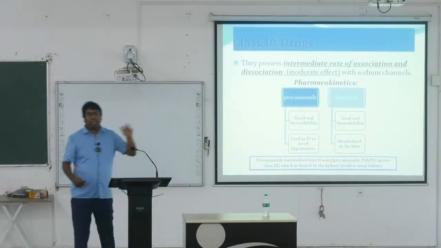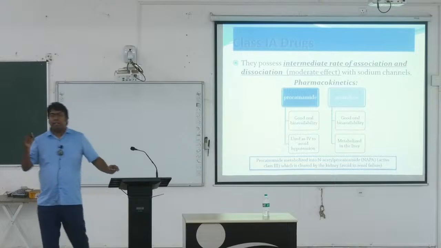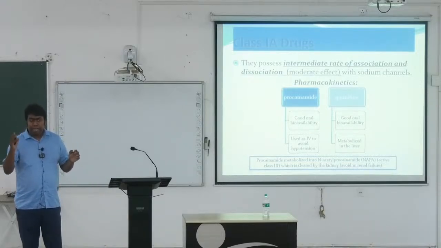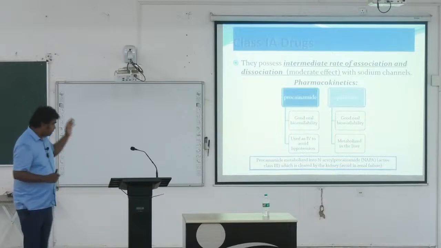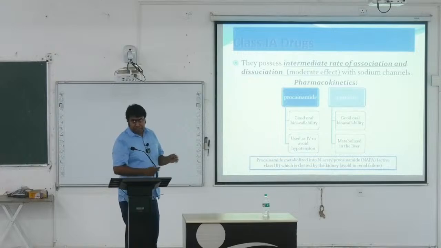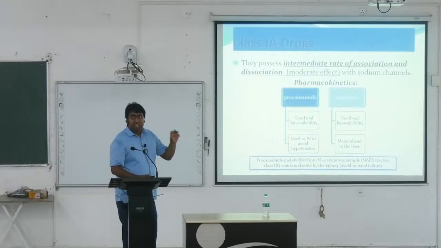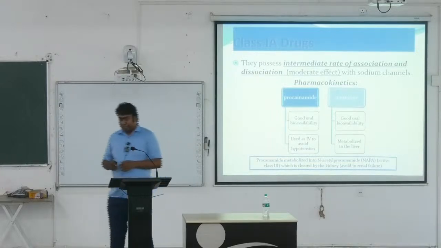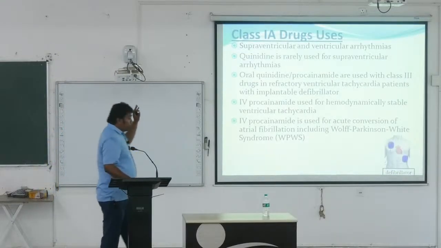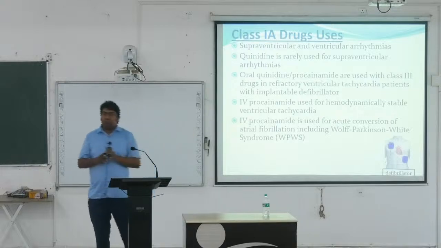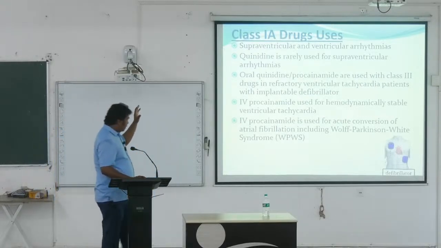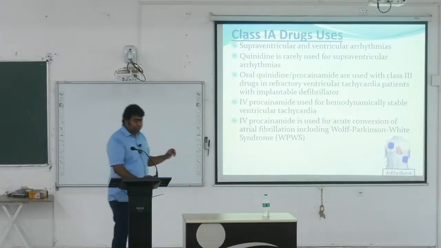But both procainamide and quinidine, which are class 1A drugs, are effective by blocking the sodium channel and are used for tachyarrhythmias by controlling conduction through the atrium, ventricle and Purkinje tissue. They can be used in both supraventricular and ventricular arrhythmias, but quinidine is rarely used in supraventricular.